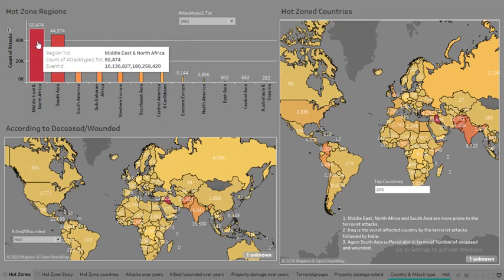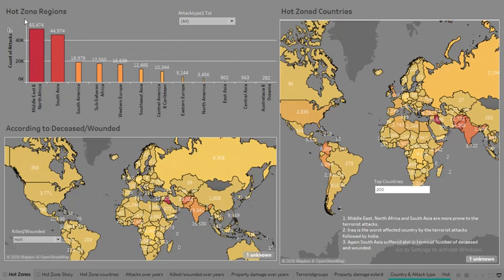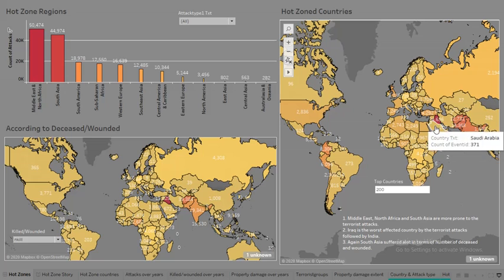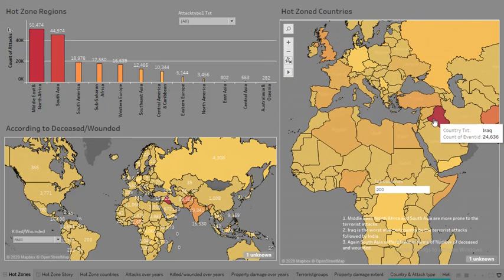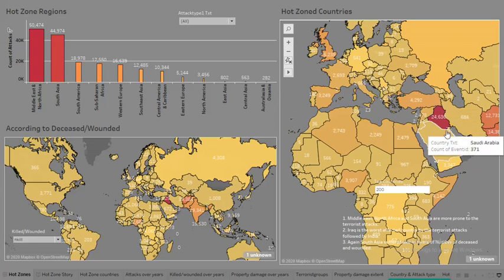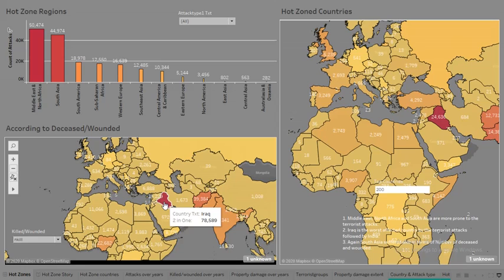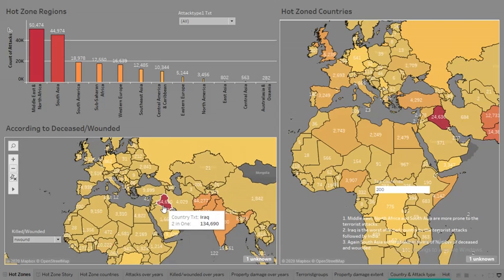These three places have faced near to 1 million attacks when compared with the rest of the world. In the whole world, Iraq is the most affected country in terms of the number of attacks, the number of people killed, and the number of people wounded.